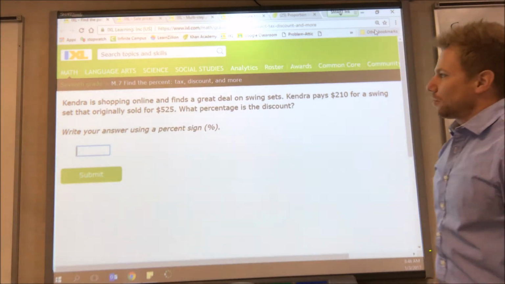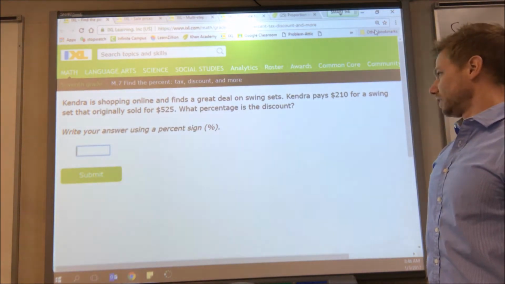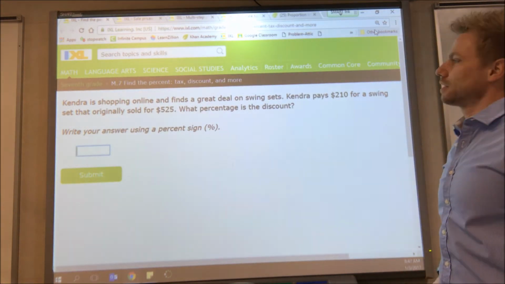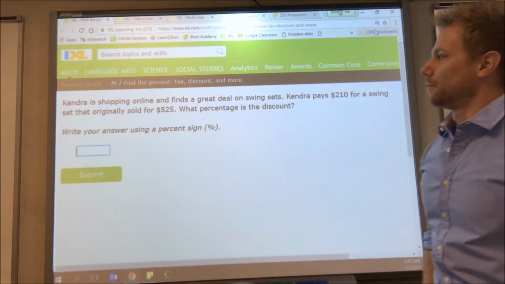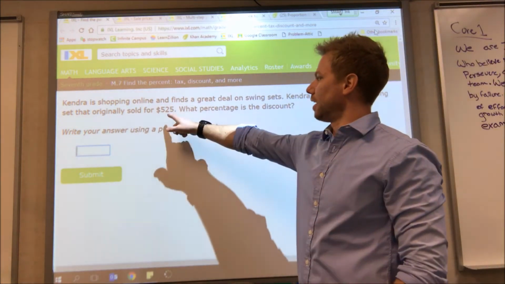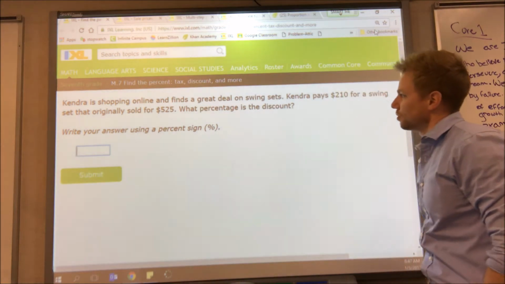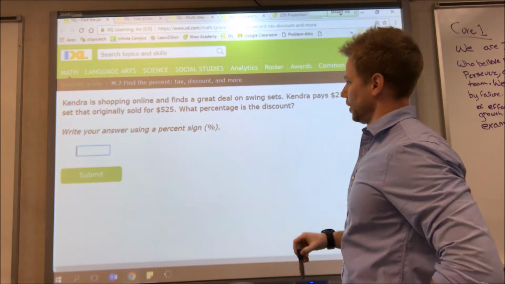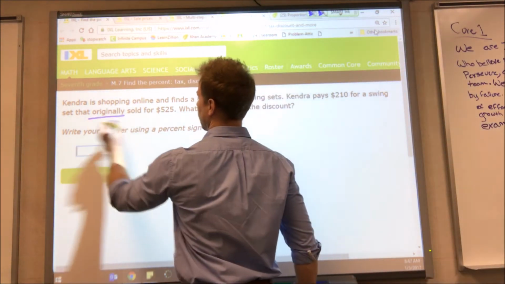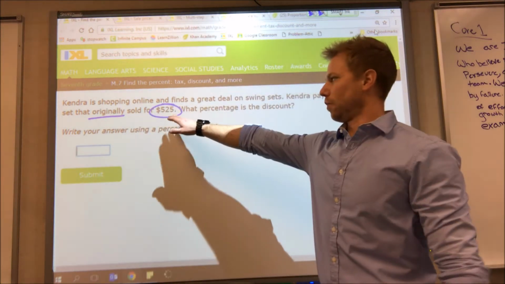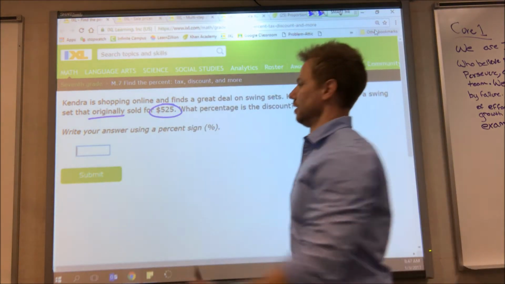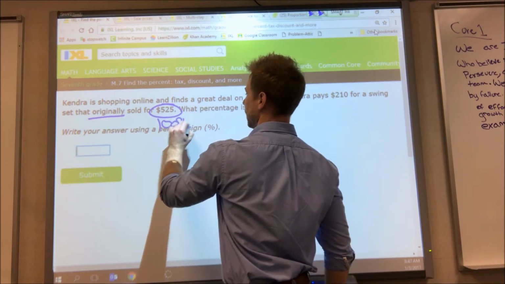All right, Kendra is shopping online and finds a great deal on swing sets. Kendra pays $210 for a swing set that originally cost $525. What percentage is the discount? Okay, so our original cost is right here. So what percentage goes with that number? Would be 100%.